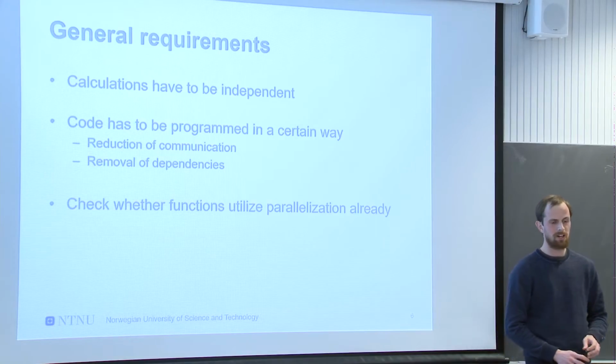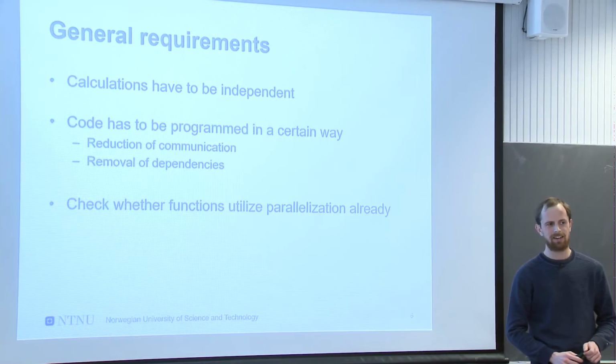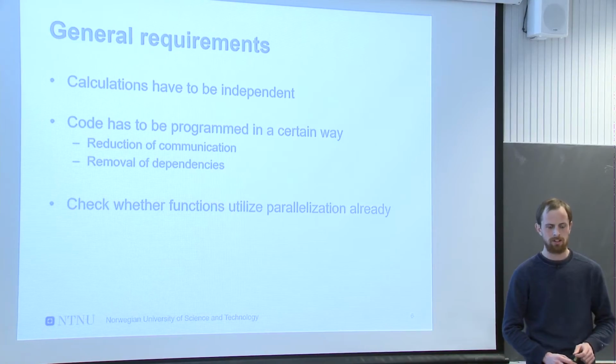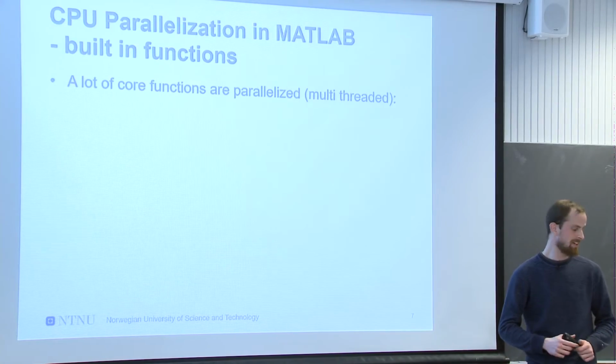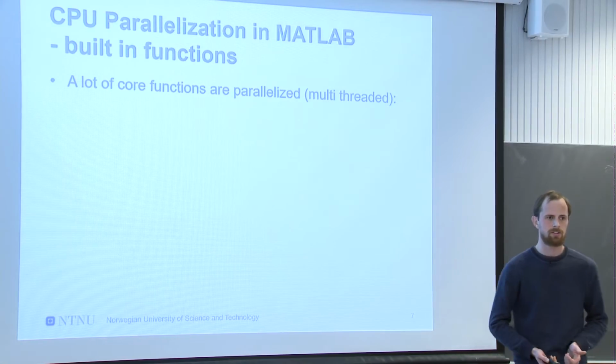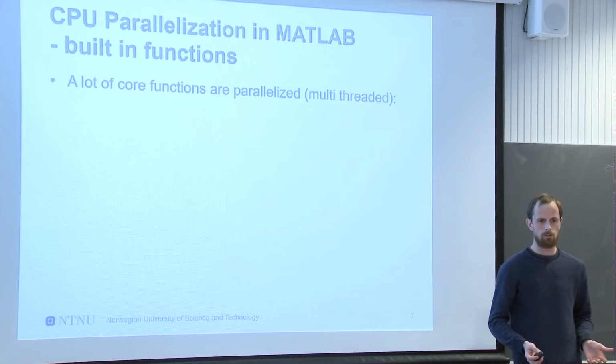And the most important part there is to check whether the functions already utilize parallelization. MATLAB itself is built in a way that for a lot of calculations it utilizes all your cores. So a lot of these built-in functions are already utilizing all cores. They are multi-threaded, it's called in this situation.